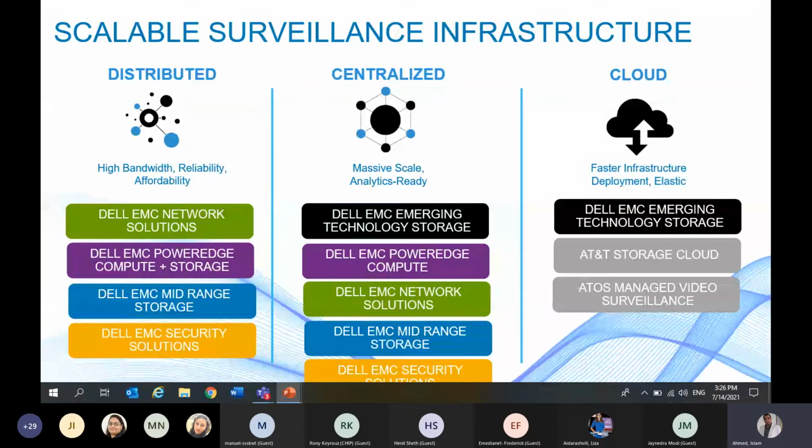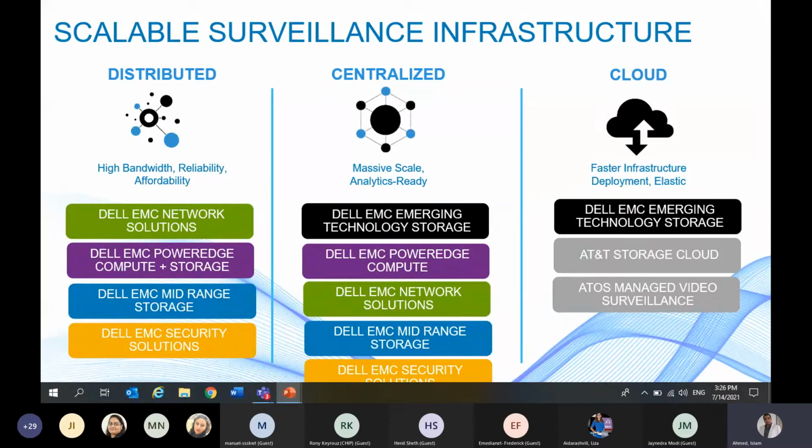They need a massive scale hardware infrastructure, they need analytics ready, and they need to guarantee the archiving and all other features related to a centralized project with a massive scale of cameras.